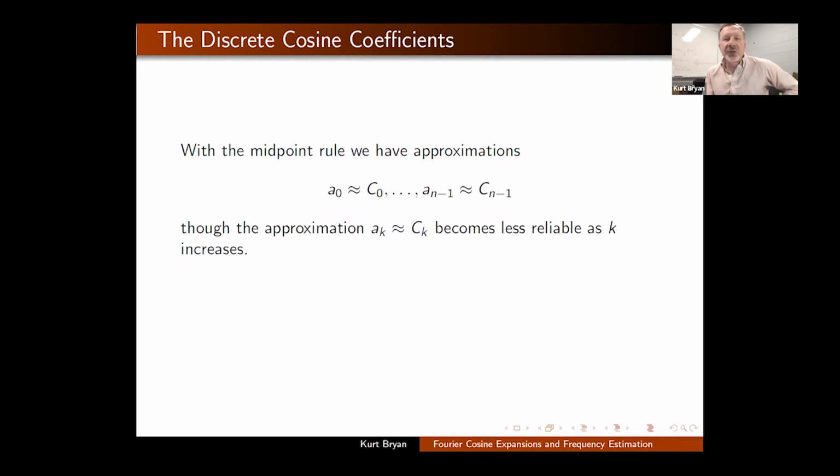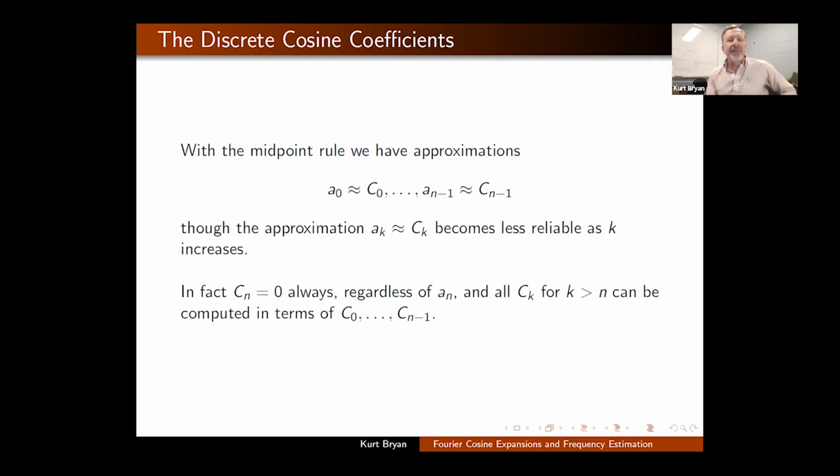However, as soon as you try to estimate a_n, you find that c_n, our estimate based on the midpoint rule, always equals 0, no matter what, due to certain symmetries in the midpoint rule, and regardless of what the nth Fourier cosine coefficient is. And once k is larger than n, the process breaks down completely, and you can't estimate those Fourier coefficients.